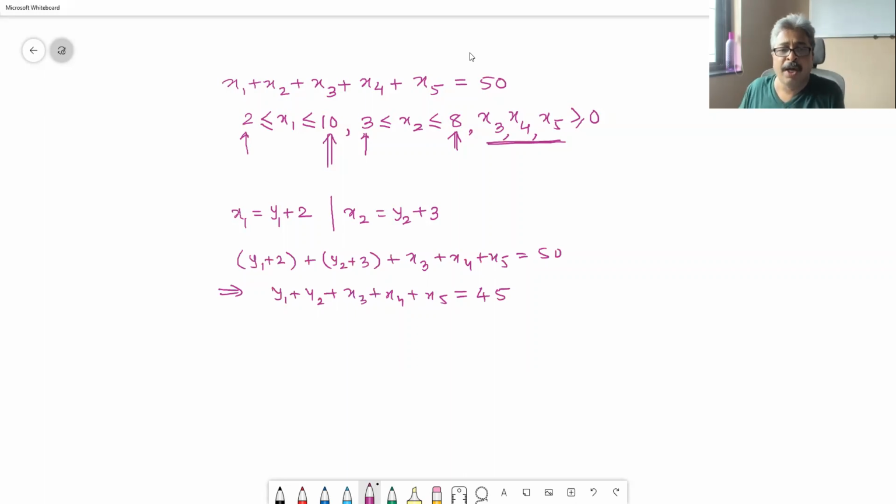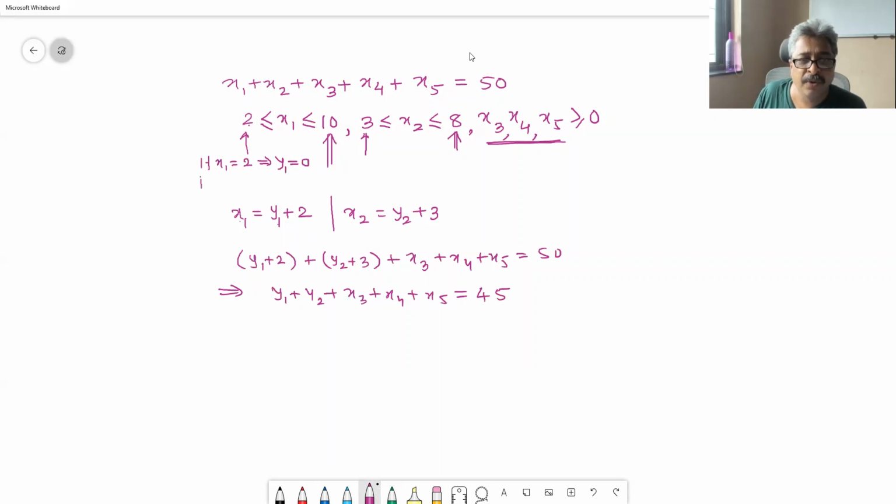This problem now, and now y1 starts from, that is important, x1 starts from 2, therefore y1 starts from 0. Now let us see the bound on x1. If x1 is equal to 2 implies y1 is equal to 0.